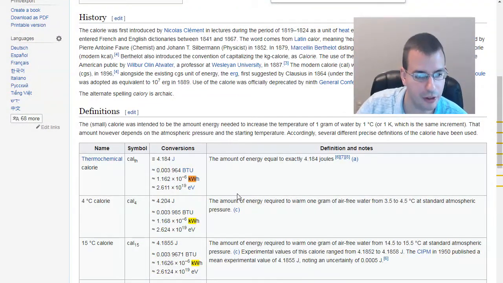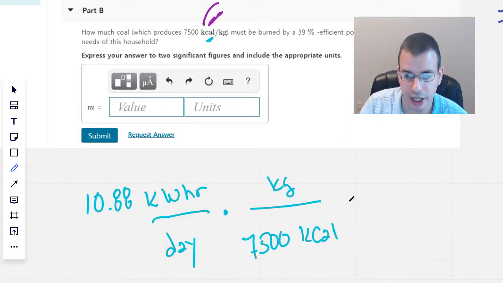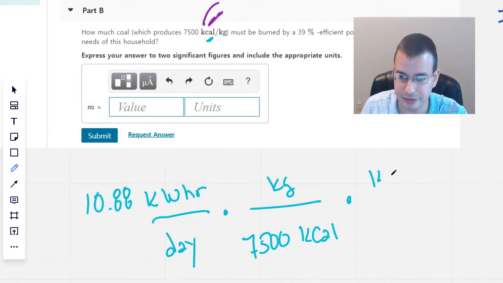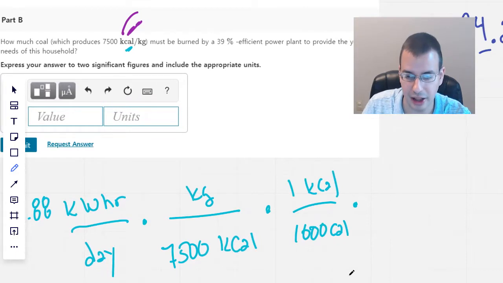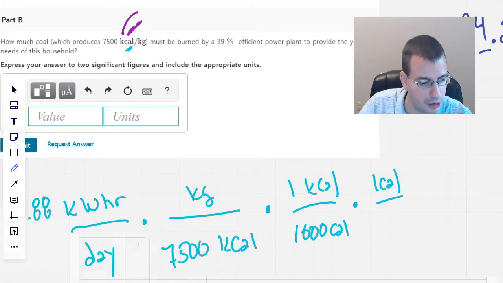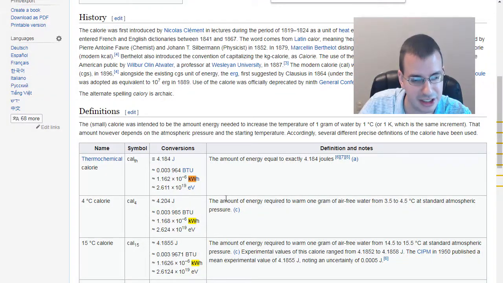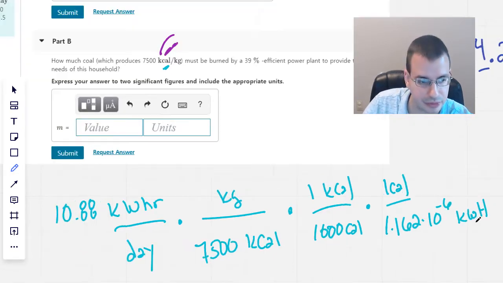So we'll convert this. So 1 kilocalorie per 1,000 calories. 1 calorie is, going back to the Wikipedia, 1.162 times 10 to the negative 6 kilowatt hours.